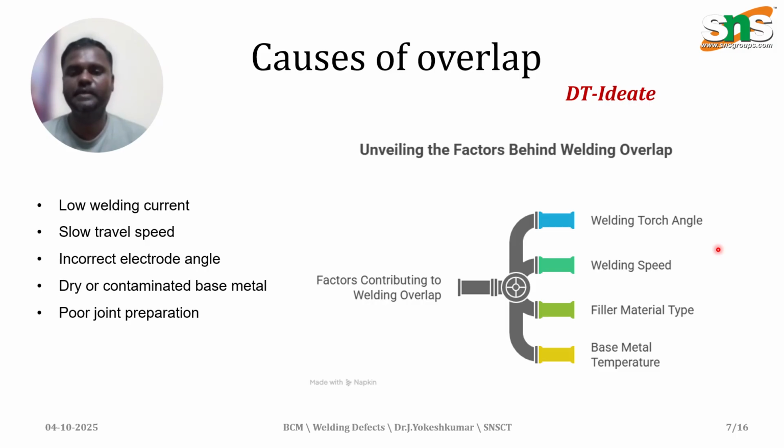Then filler material type. When the filler material is not properly bound with the parent metal, it leads to overlap. Then base metal temperature. This is also a probable reason. Sometimes we need to preheat the base metal if the base metal length is long. If it is not properly preheated, it leads to overlapping.